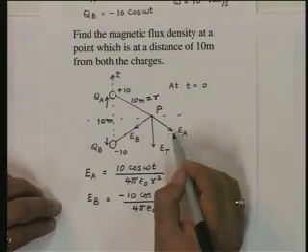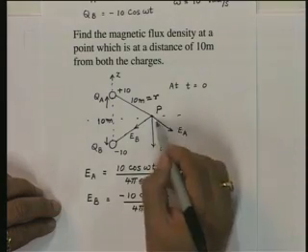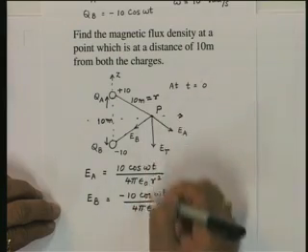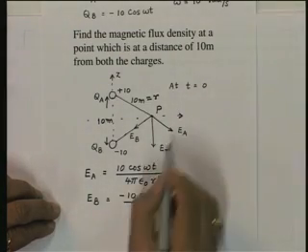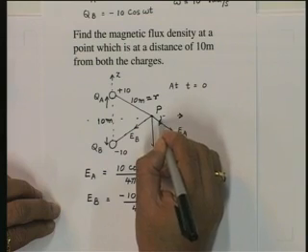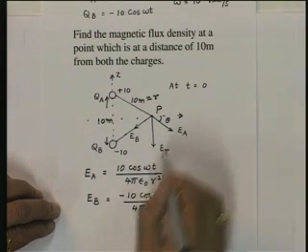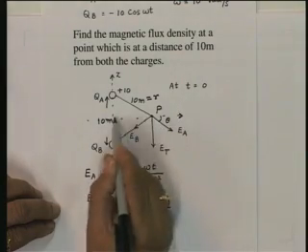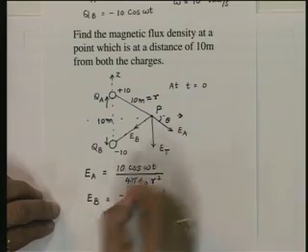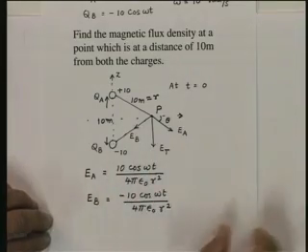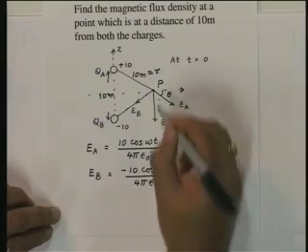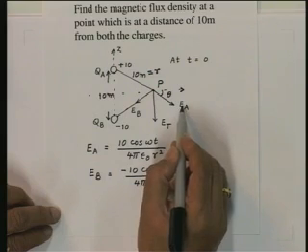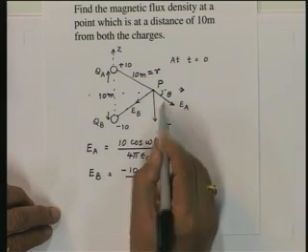Now, magnitude wise EA and EB are equal. So, I can resolve these two fields into two components. One component is this component and one component is this component. Since the two magnitudes are equal, this angle let us say is theta. So, the field EA cos theta will be in this direction and EB cos theta will be in the opposite direction, and since these two are equal, they essentially cancel each other. So, we will have a resultant field which will be oriented in this direction and which will be 2 times the electric field EA or EB multiplied by sine of theta.